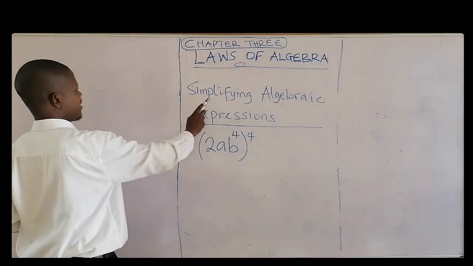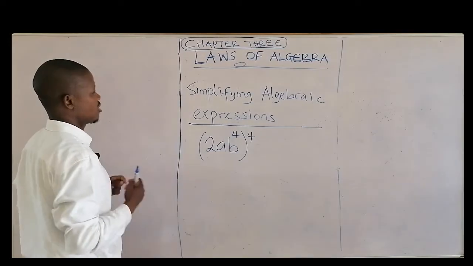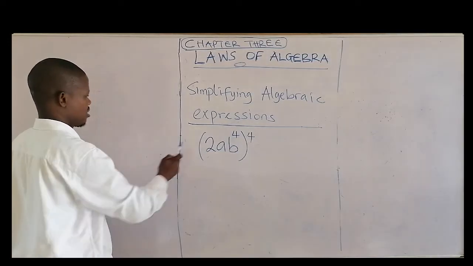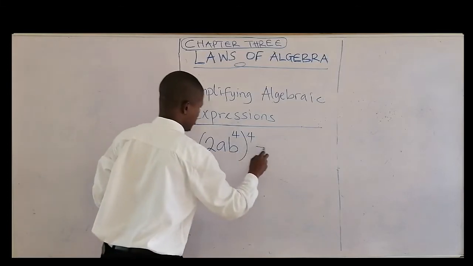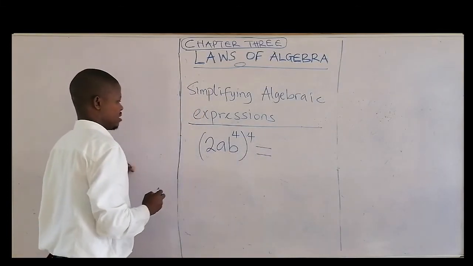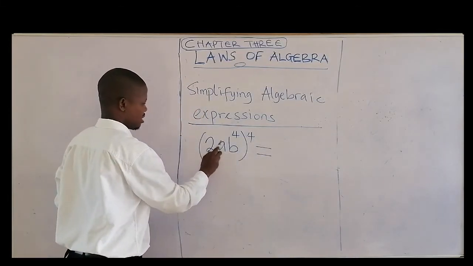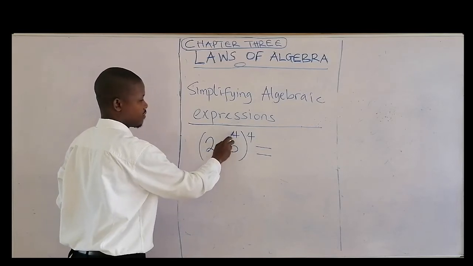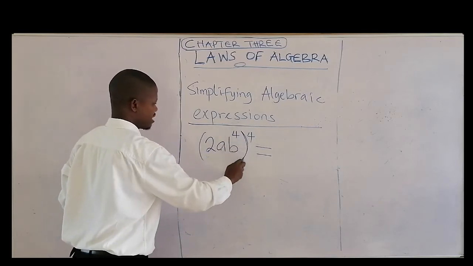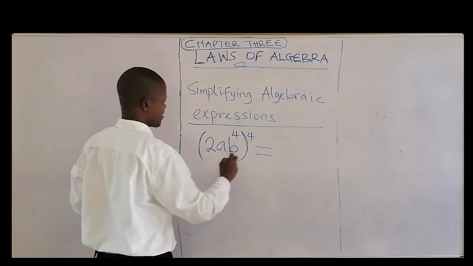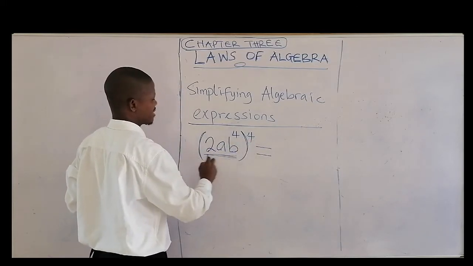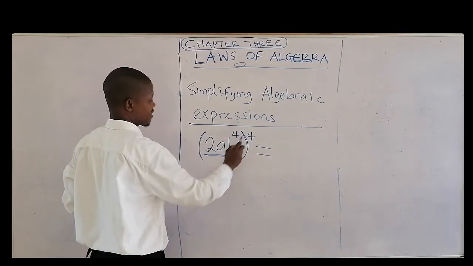We are looking at simplifying algebraic expressions. And then we have this question. What we do here, we have 2ab to the power 4, all inside brackets to the power 4. The meaning of this is that each item is going to be affected by the power.